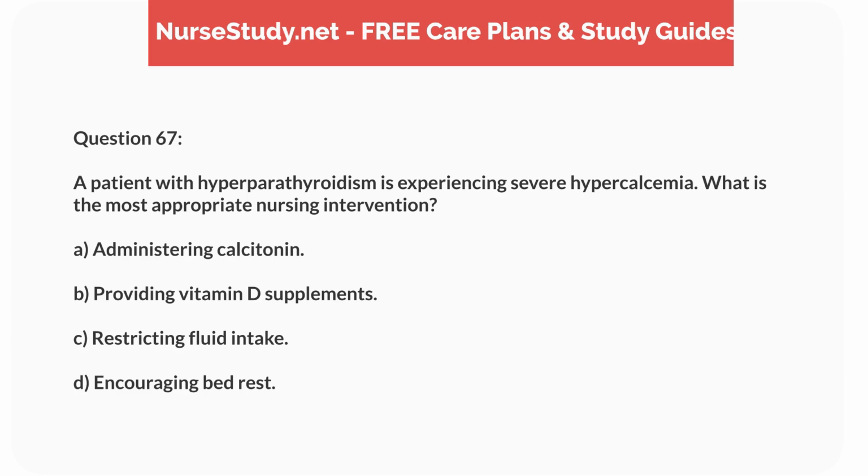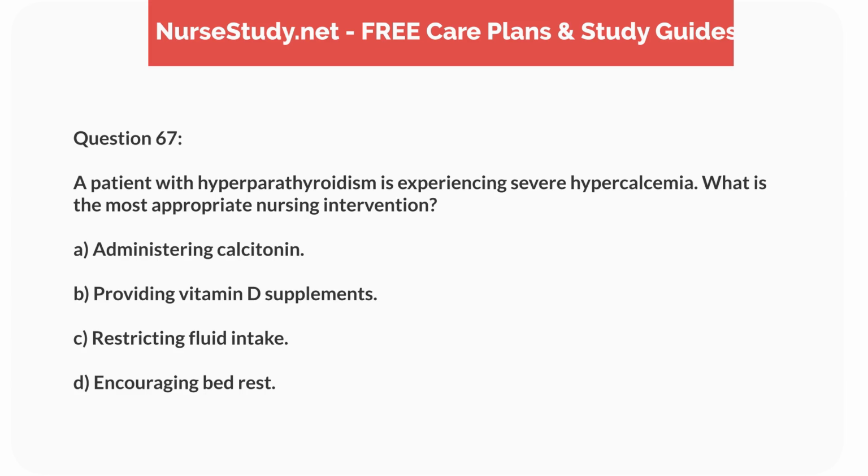Question 67. A patient with hyperparathyroidism is experiencing severe hypercalcemia. What is the most appropriate nursing intervention? A. Administering calcitonin. B. Providing vitamin D supplements. C. Restricting fluid intake.